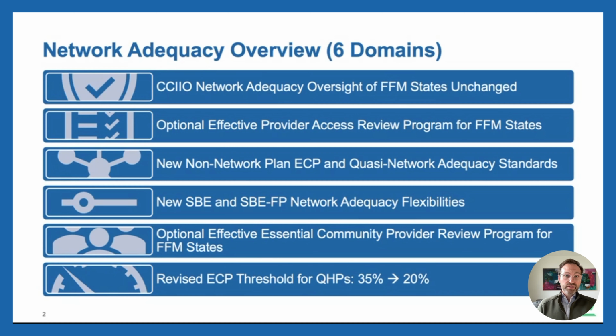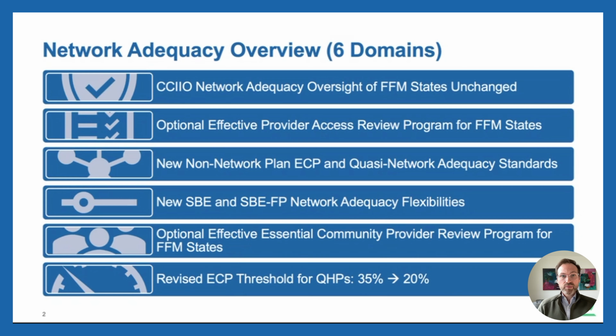The third domain is non-network plans. CCIIO and CMS are allowing the reintroduction of non-network plans into the marketplace, and there are new requirements on payers that are offering non-network plans. The next domain is changes or new flexibilities provided to both state-based exchanges and state-based exchanges on the federal platform. The next domain is a new optional effective essential community provider review program.